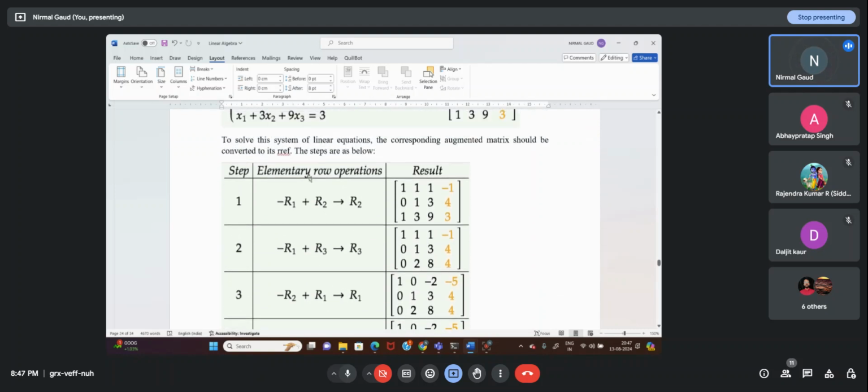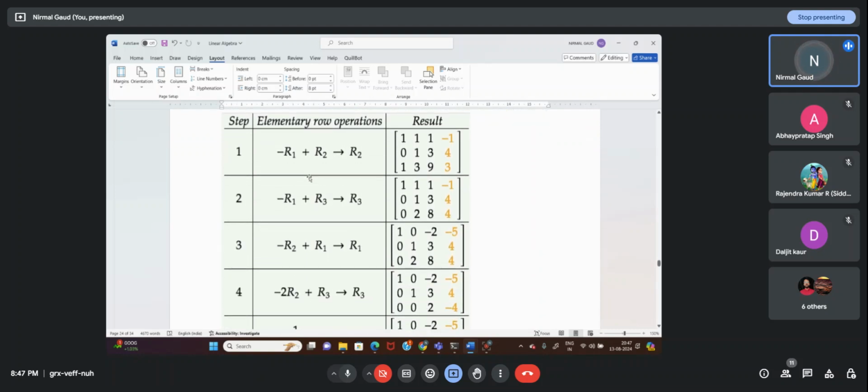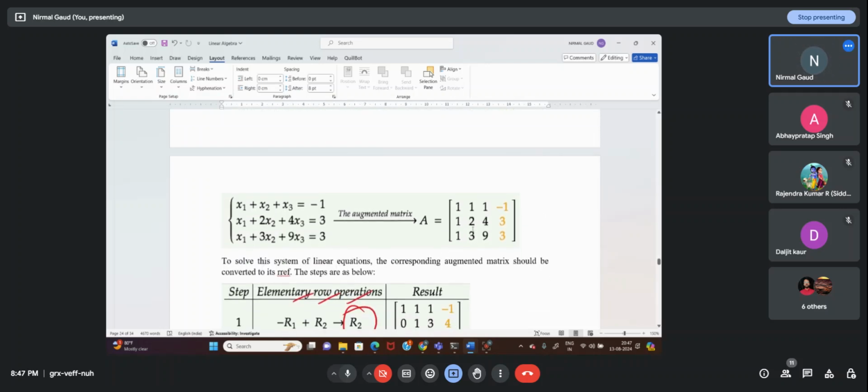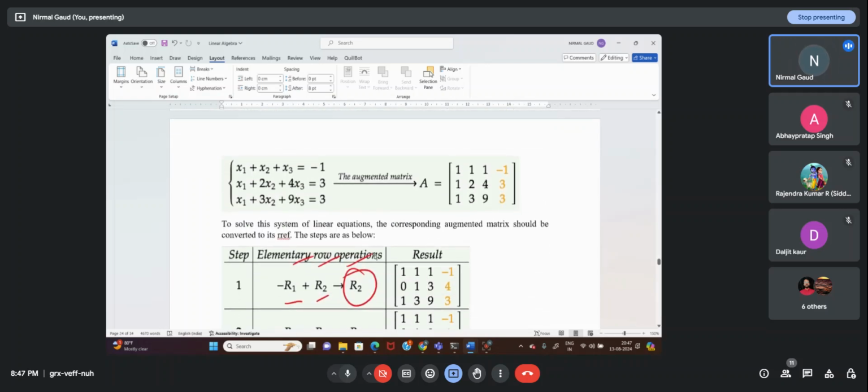For example, here some elementary row operations are mentioned. Minus r1 plus r2 equal to r2. So here is the result you are getting over the matrix. Let us suppose this is the augmented matrix.